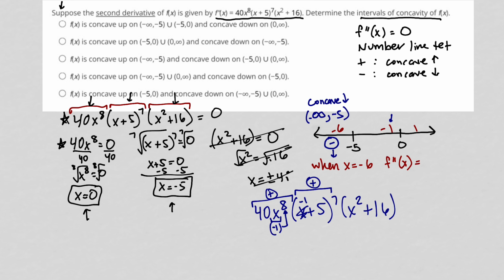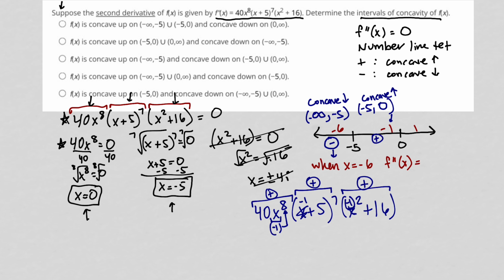And if I put a negative 1 in there, negative 1 to the 2nd power is positive 1, plus 16 is 17. So this is also positive. So these are all positives, which makes this positive here. Which means we'd expect that between negative 5 and 0, at least, we should expect concave up.